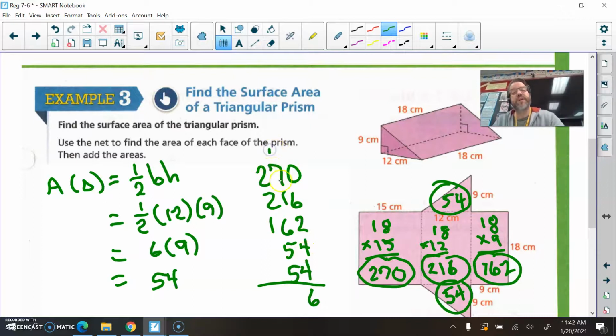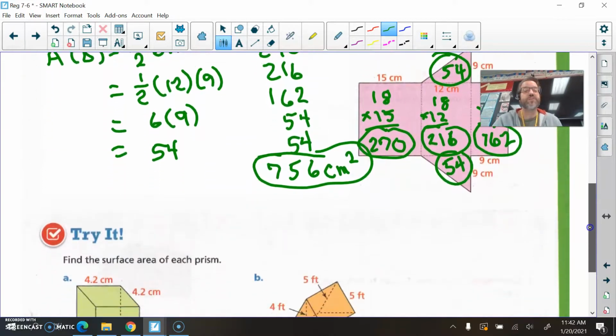Carry the 1. 8, 9, 15, 20, 25. Put the 5 there, carry the 2 here. 4, 6, 7. It looks like it's 756. Now a label, we're dealing with centimeters here. Area is square units, so we have 756 square centimeters for our surface area for this figure.